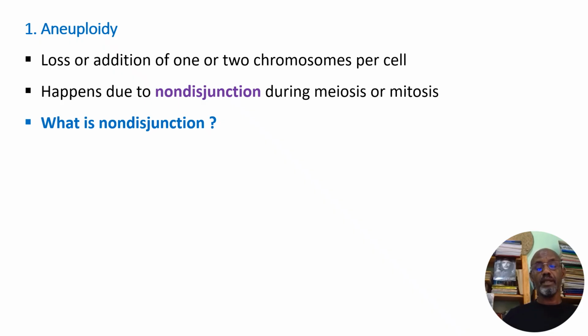So, when that anaphase is abnormal, that means most of the time it is non-disjunction, the homologous chromosomes or sister chromatids fail to separate, so that they move as they are attached, all towards one pole of the cell, so that one cell gets an extra chromosome, the other gets a deficiency of chromosome.